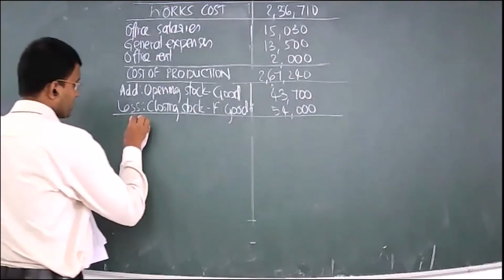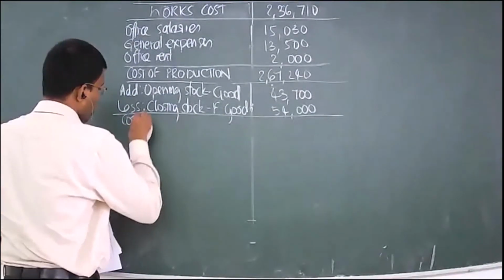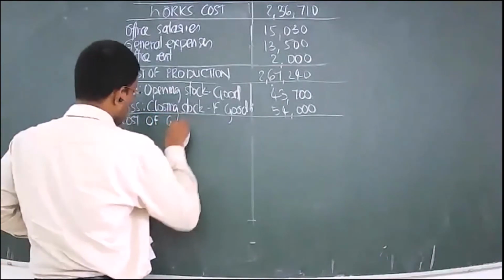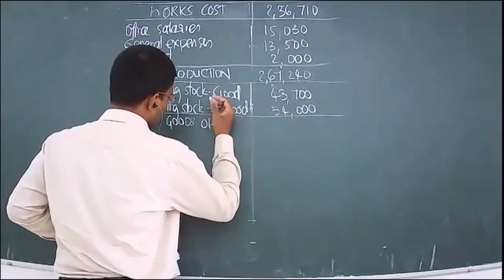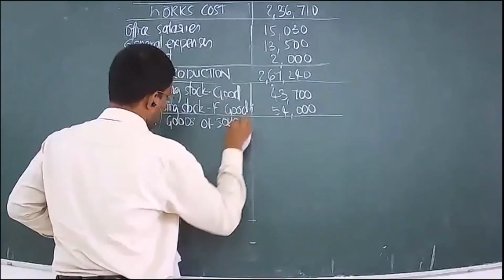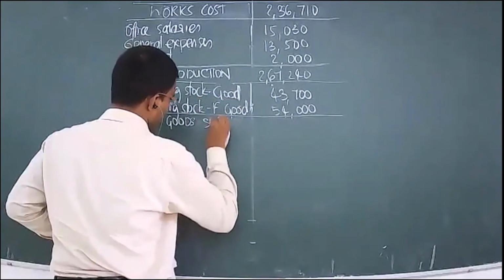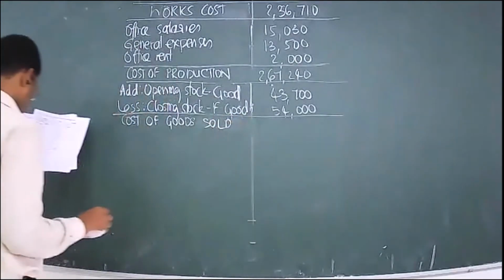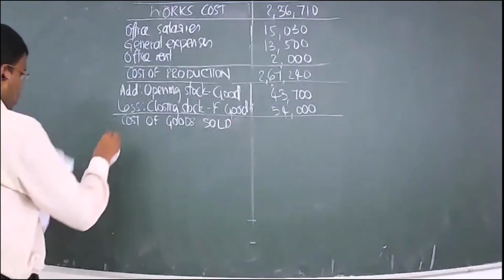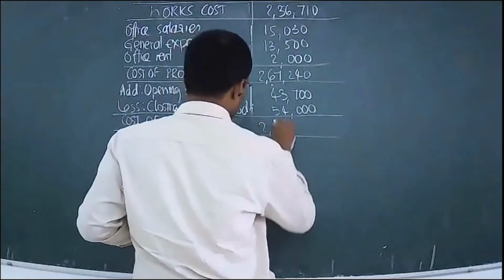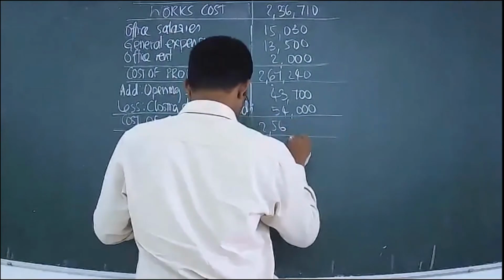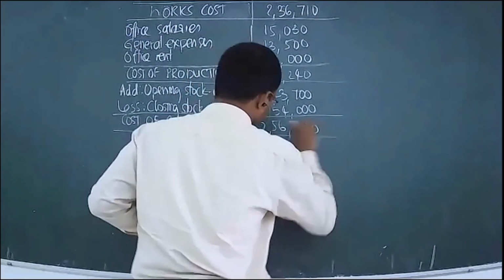The resulting answer is your cost of goods sold. So your cost of goods sold is 2,56,940.